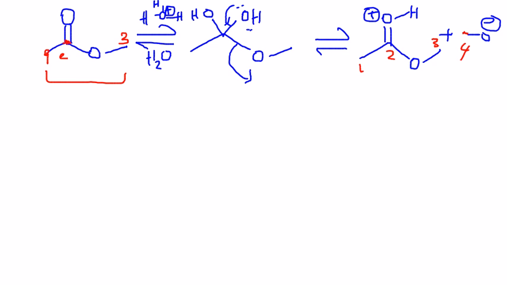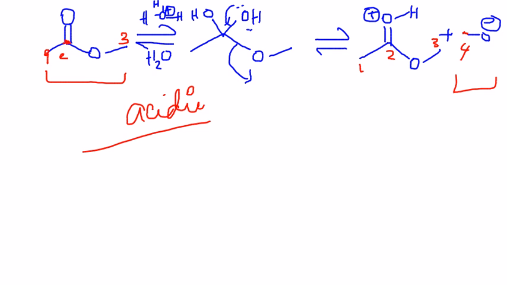In total you have 4 carbon atoms, and you can't create or destroy matter at any given point in time. The other thing to keep in mind is that these are acidic conditions. And what did I tell you? Acidic conditions will not allow any negative charge. Here our leaving group is oxygen with a negative charge, which would not be allowed.